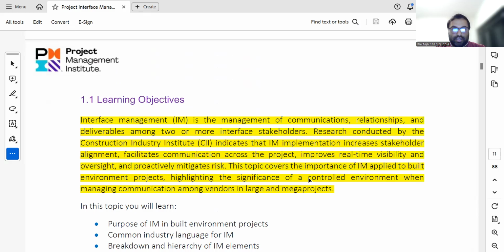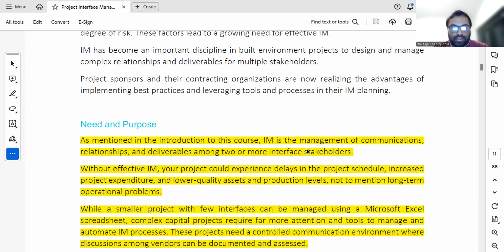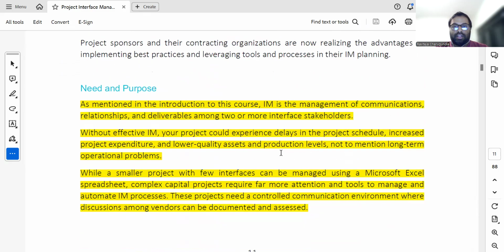Also in this topic, the interface management in built environment projects. As I mentioned, interface management is the management of communication and deliverables among two or more stakeholders. By not implementing effective interface management, you can see delays in the project, an increase in project expenditure, and lower quality assets, which abruptly disturbs the project. There are 2 types.